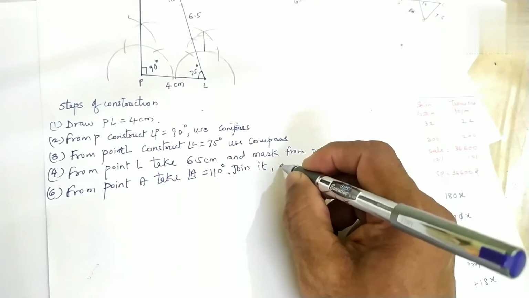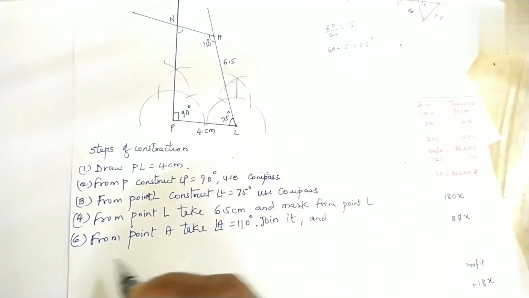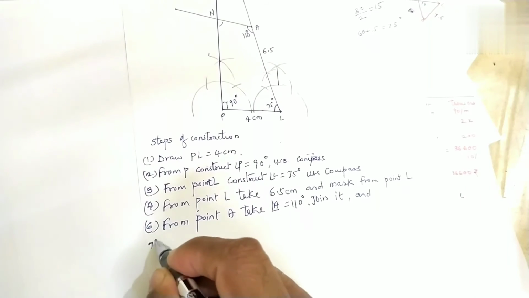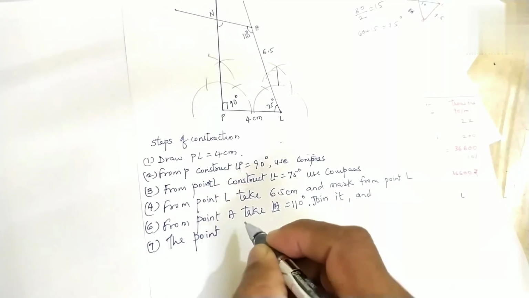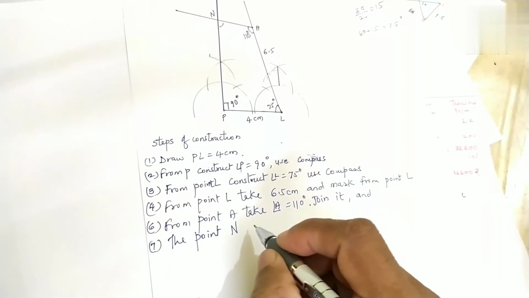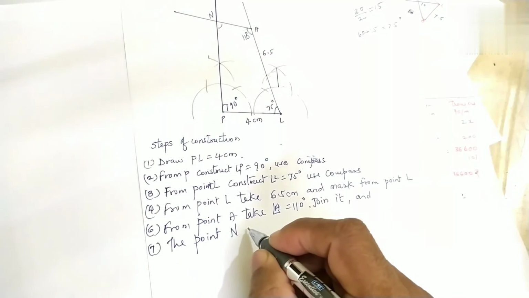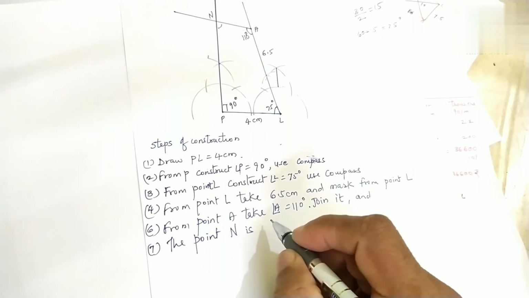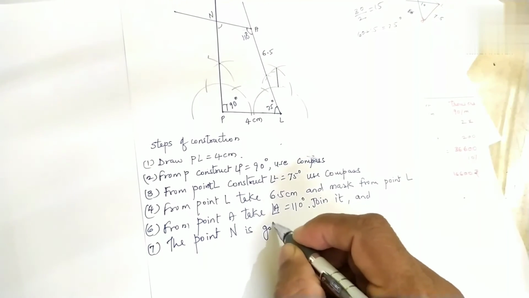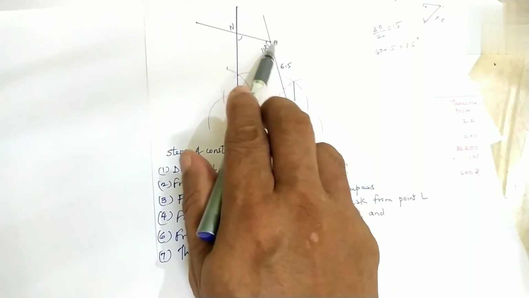And the point N, and the seventh one you can say the point N is got over there when this is intersecting, you can see.